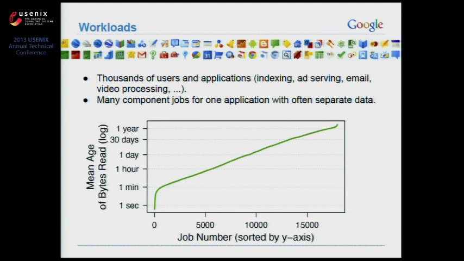We looked at just the mean age of the data one job is reading, and you see there's a huge variance here. But maybe 30% of the jobs read data which is on average only 1 hour old. So that's a key property we are using, focusing on the young data which is read most often.